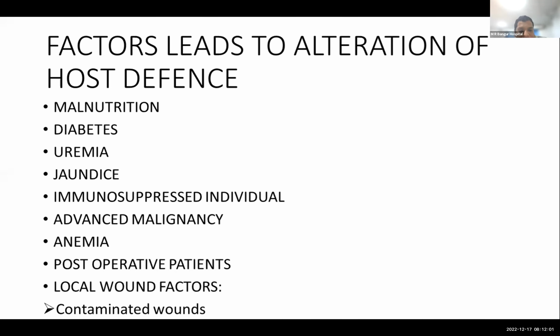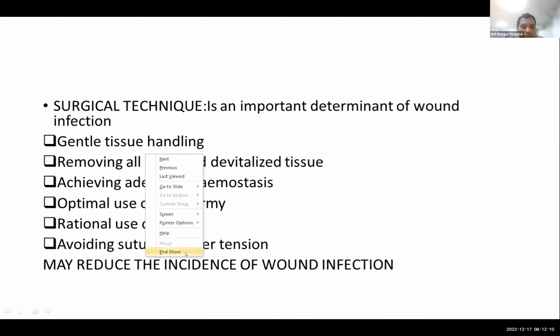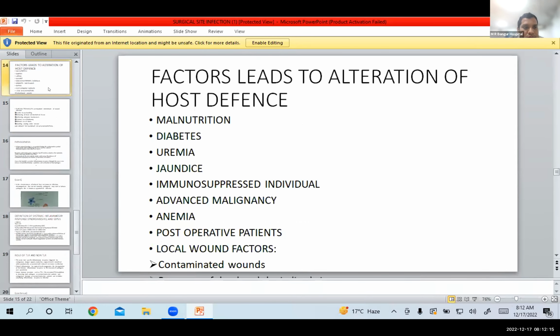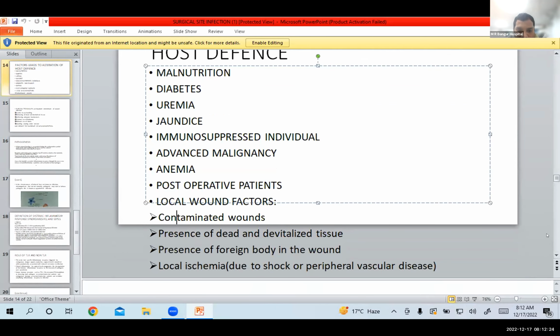Local wound factors are contaminated wound, presence of dead and devitalized tissue, presence of foreign body in the wound, local ischemia due to shock or peripheral vascular resistance.